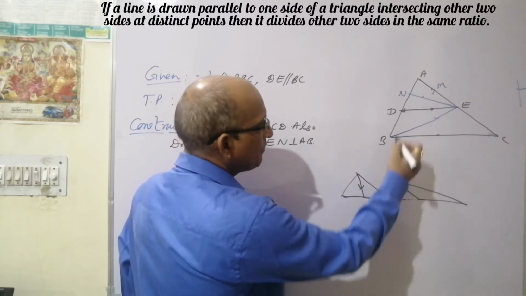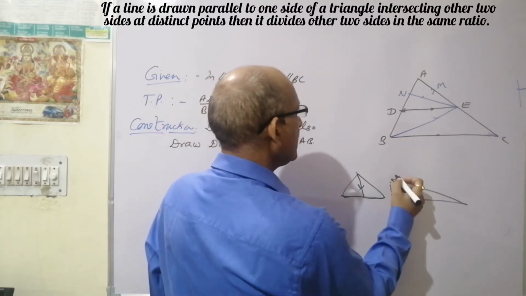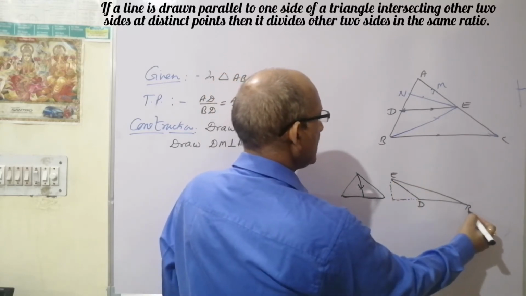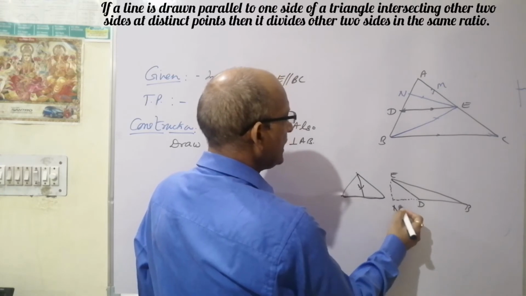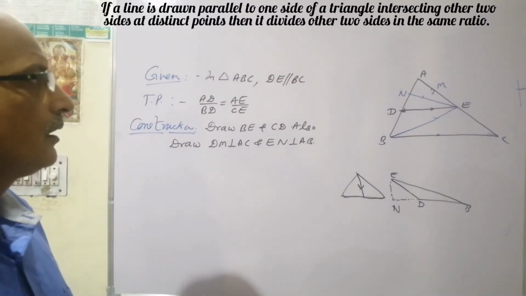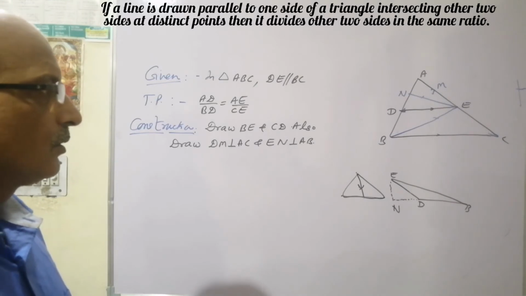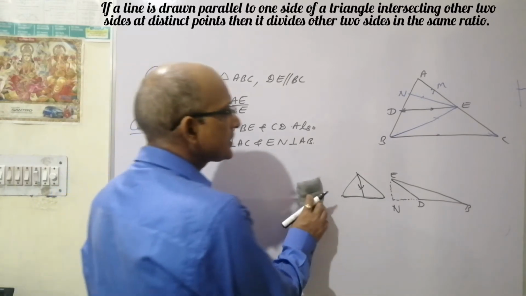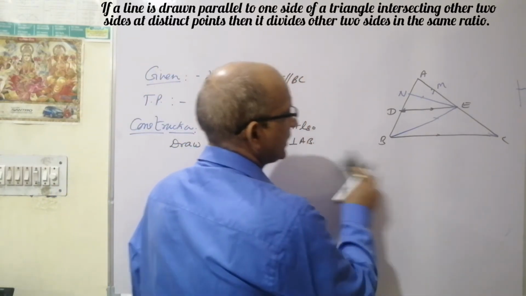So for this triangle BDE, actually E is here and D is here and B is here. So EN is the perpendicular of triangle BDE also. But I would like to go first of all by a tricky approach. This is the base for understanding why I am doing that.